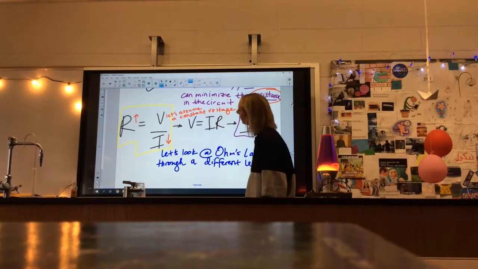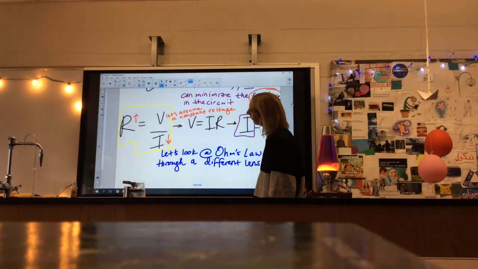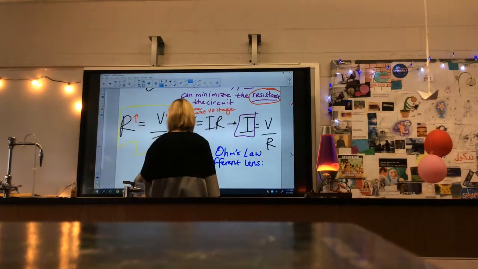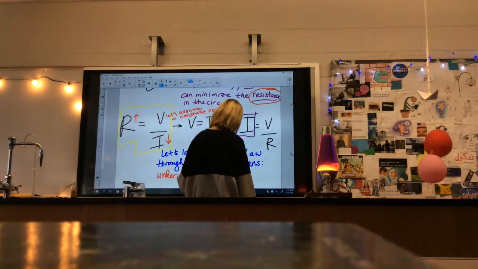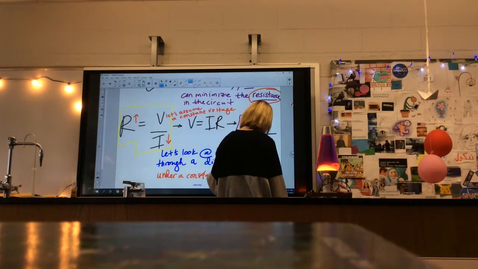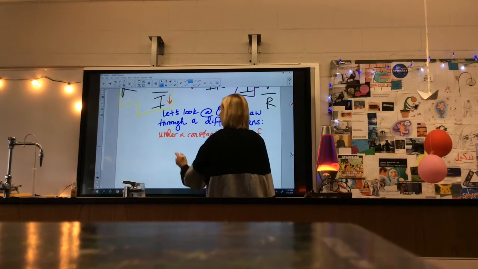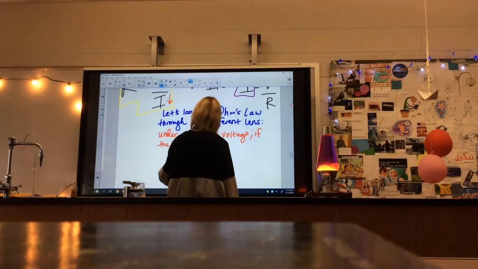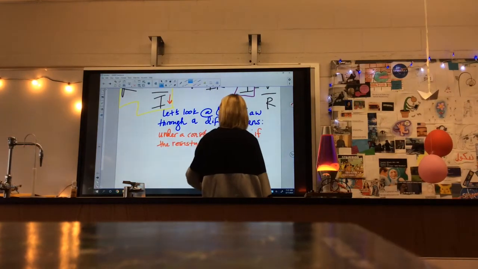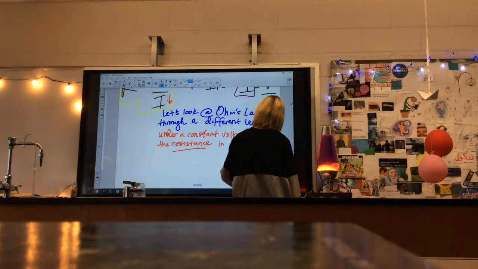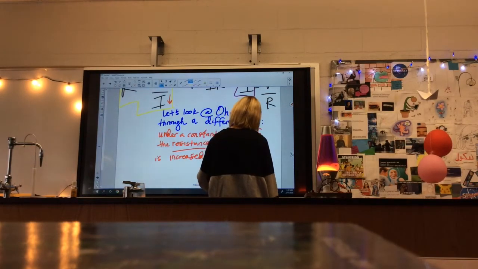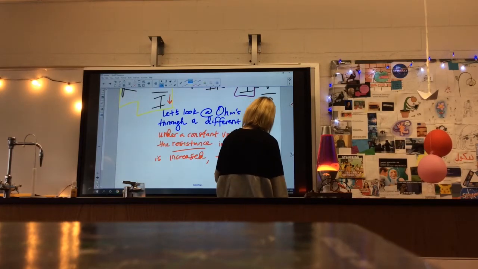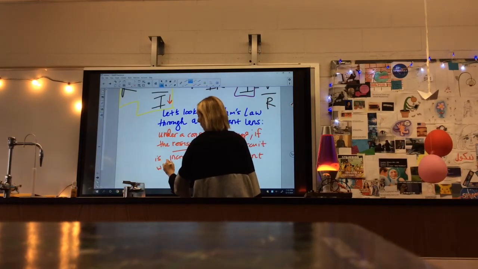Okay, this is crucial. So under a constant voltage, if the resistance in a circuit is increased, the current will decrease.